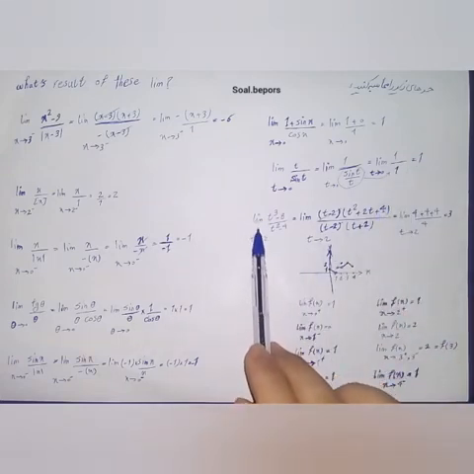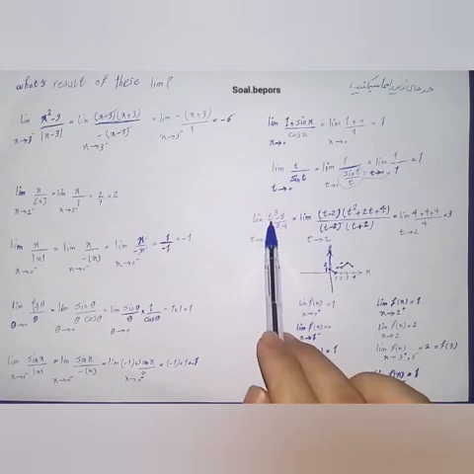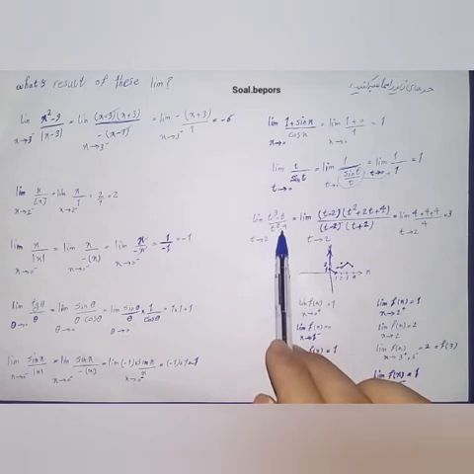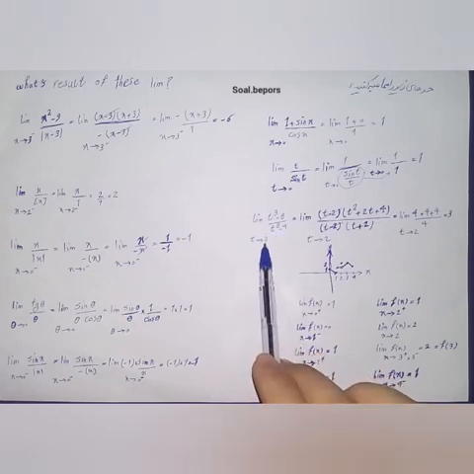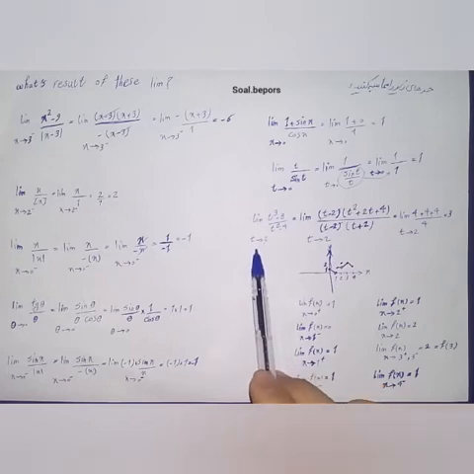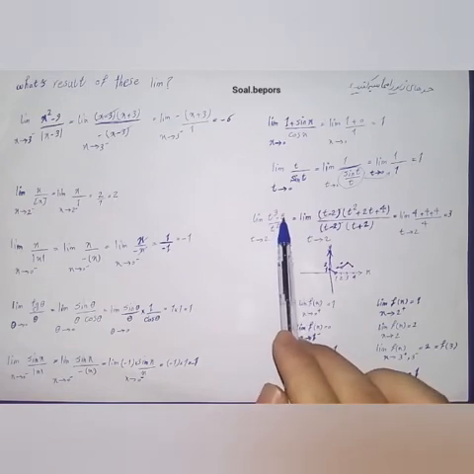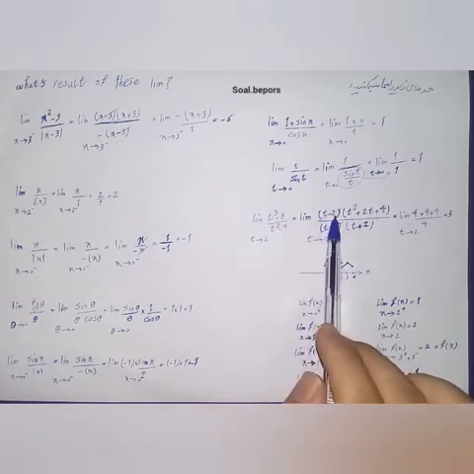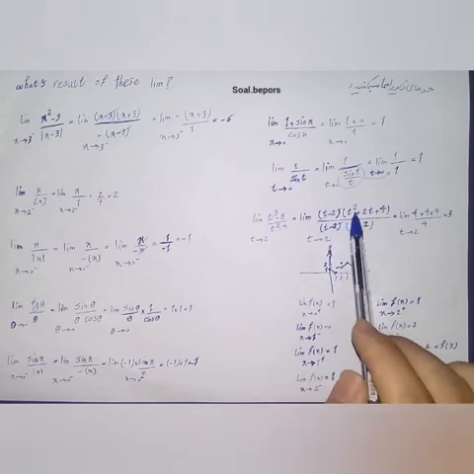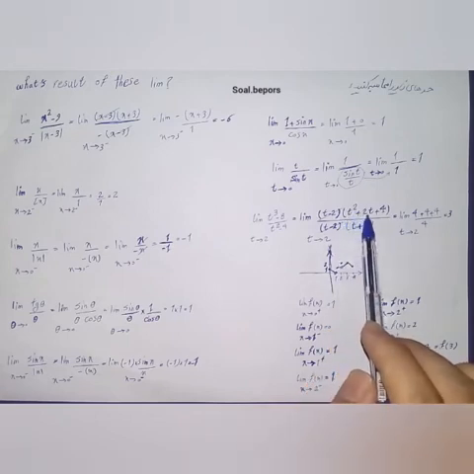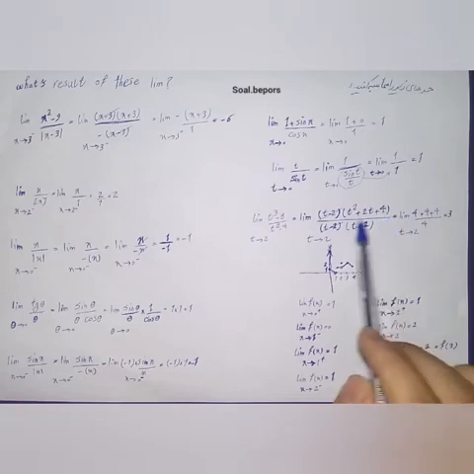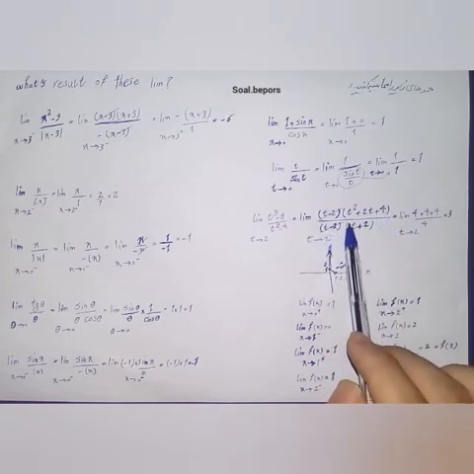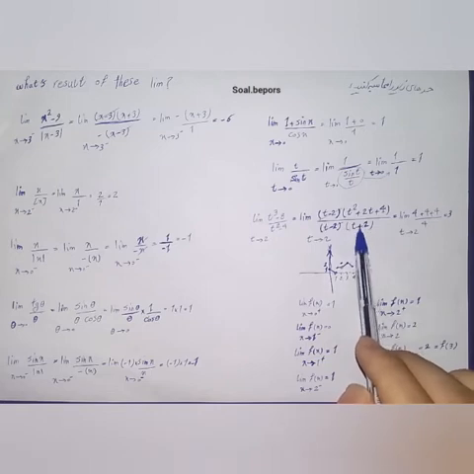For another one, the limit of t power 3 minus 8 divided by t power 2 minus 4 when t goes to 2. By factoring in mathematics, we can separate this equation into t minus 2 multiplied by t power 2 plus 2t plus 4, divided by t minus 2 multiplied by t plus 2.